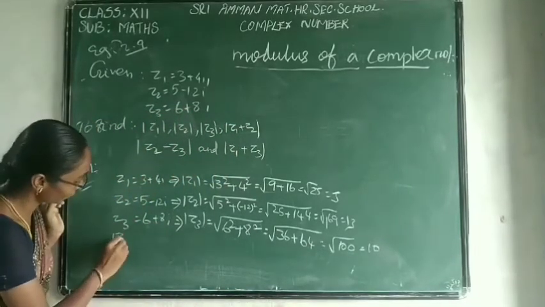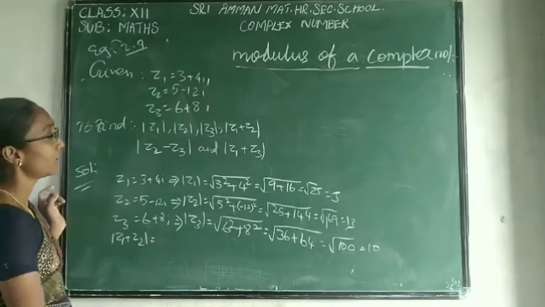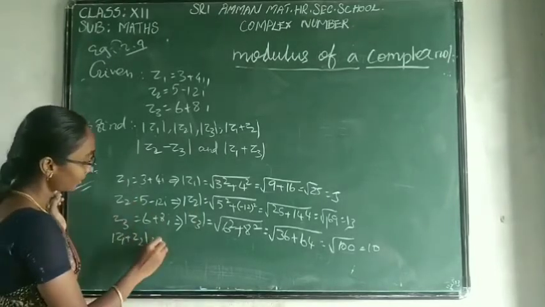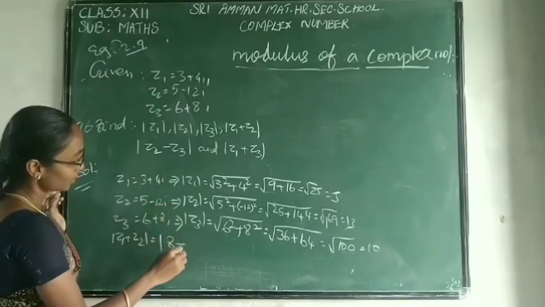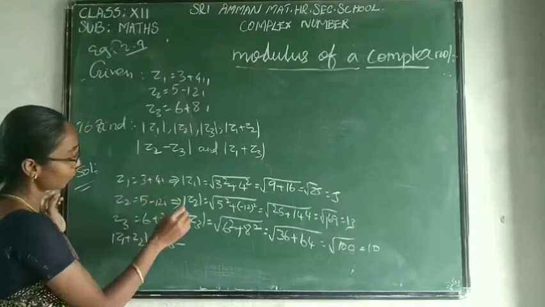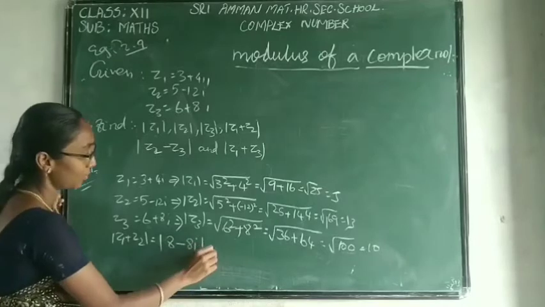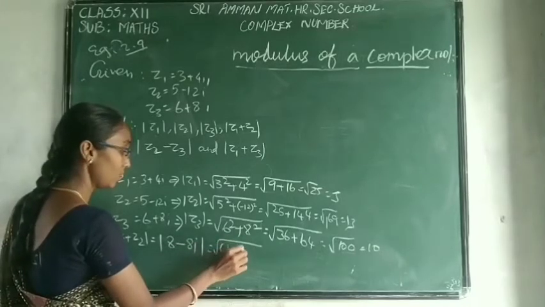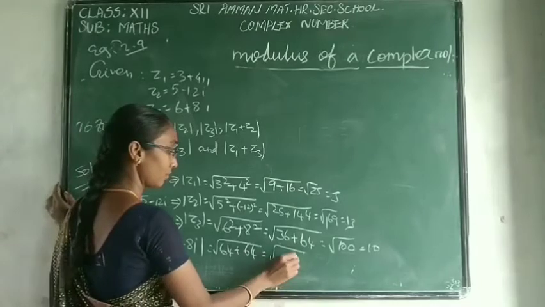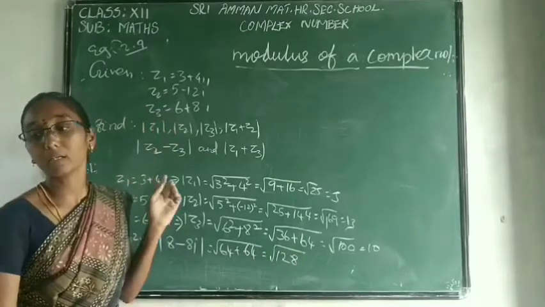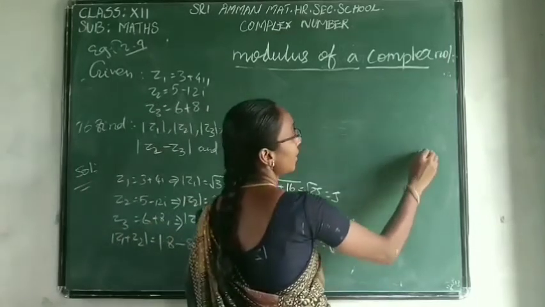Then modulus of z1 plus z2. Adding, we get 8 minus 8i: 3 plus 5 is 8, and 4 minus 12 is minus 8. Equals root of 64 plus 64 equals root 128.